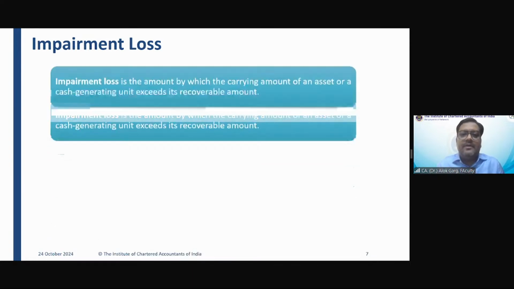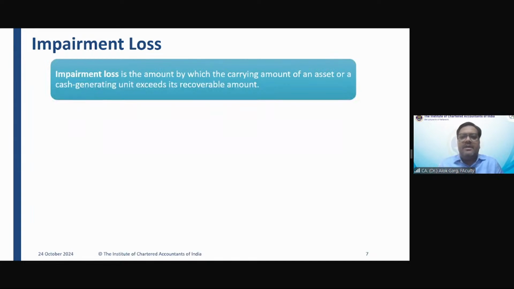Talking about impairment loss, it is the amount by which the carrying amount of an asset or cash generating unit exceeds its recoverable amount. So friends, in this standard there are two concepts: one talks about an individual asset and the other talks about a group of assets.